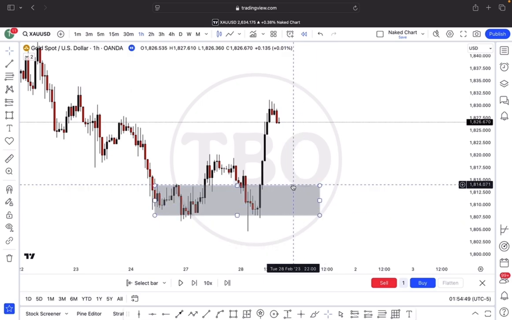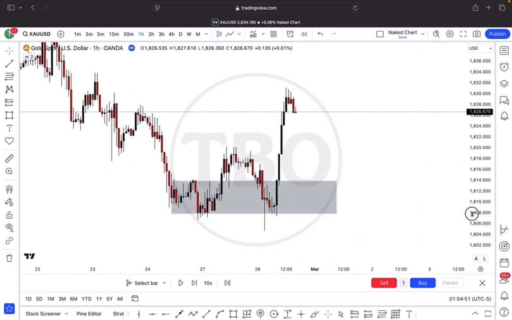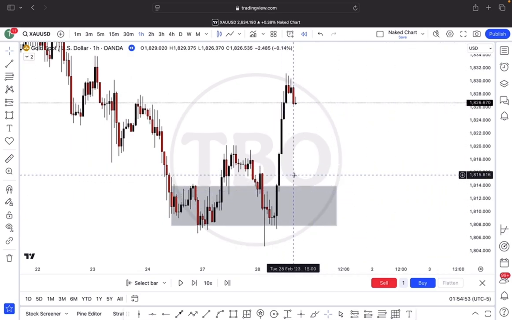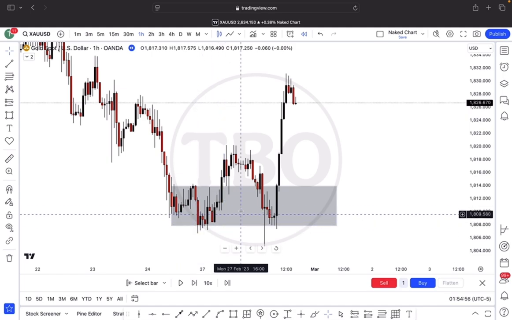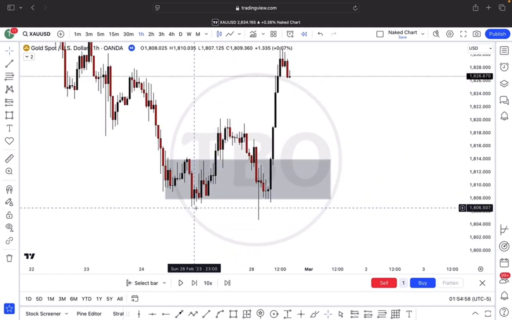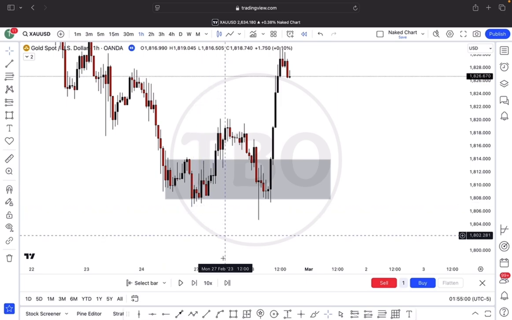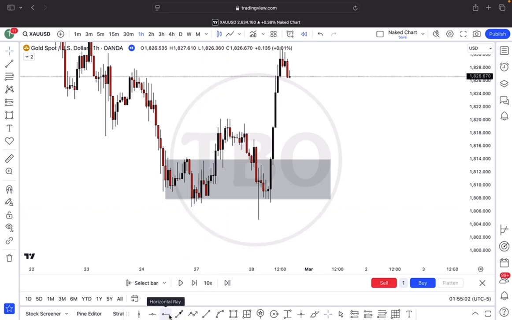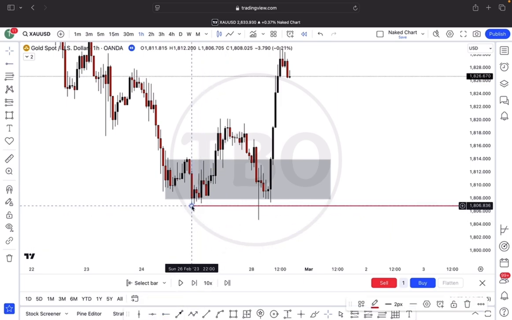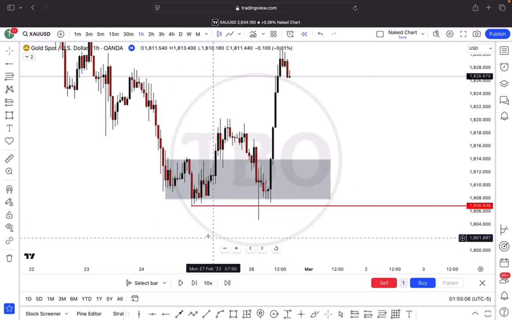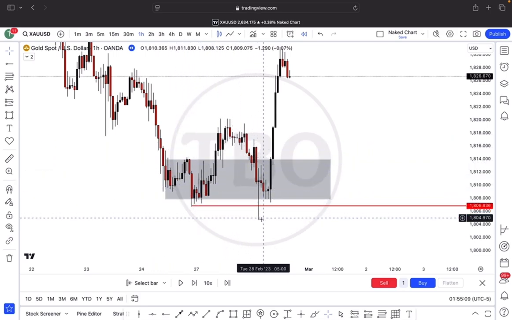If this zone was violated, guys, price would have to close below the last low with the body of the candle. So let's draw that out real quick. That's the last low. But look what price did. Price did not close below with the body.